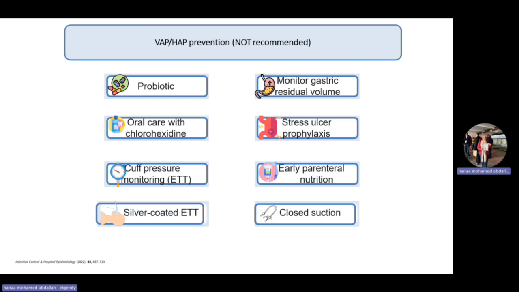Stress ulcer prophylaxis is mandatory for mechanically ventilated patients to decrease the incidence of stress ulcers, but it will not decrease the incidence of VAP. Early parenteral nutrition and closed suction are also not recommended to prevent VAP in mechanically ventilated patients.